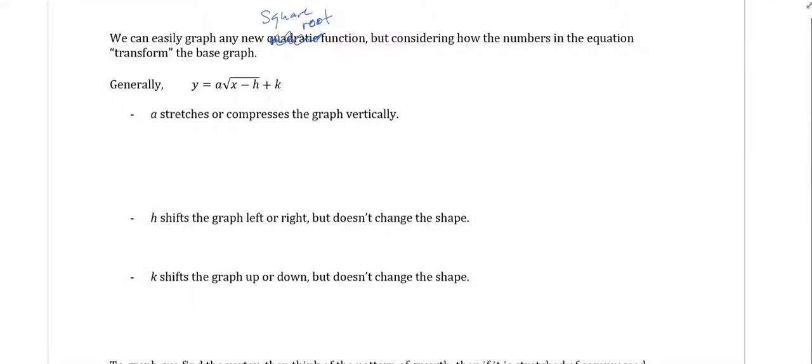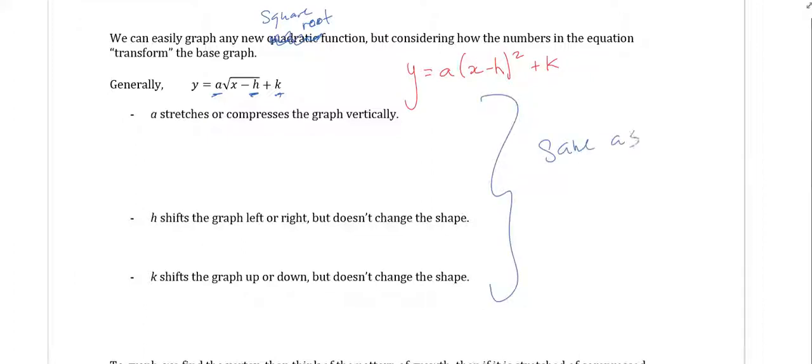So take a look. I've got my A, I've got my H, I've got my K. It looks a lot like y equals A times (x minus h) squared plus k, except instead of brackets and squared, I've got a square root sign. And we're not going to write all of it down again. I don't think it's worthwhile. It's all the same as quadratics.